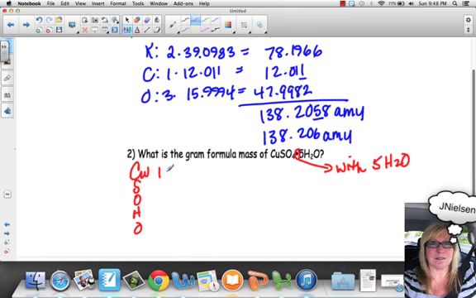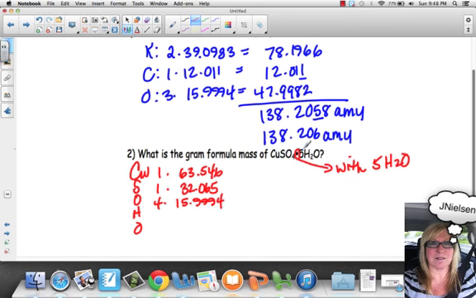So copper we have 1 times 63.546. Sulfur we have 1 times 32.065. Oxygen we have 4 times 15.9994.